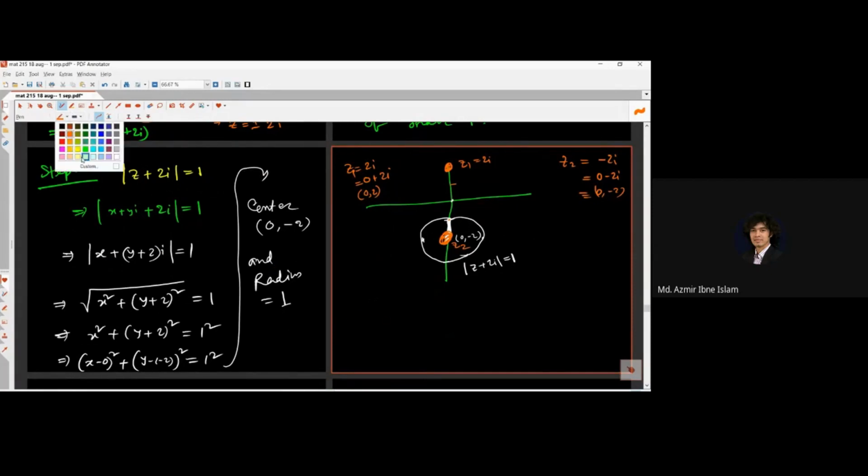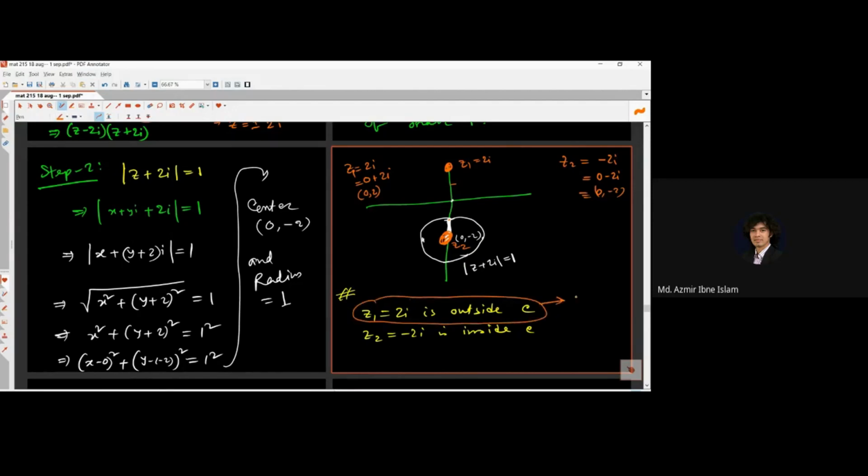So we can leave a comment again. Z1 equal to 2i is outside of C. Z2 equal to negative 2i is inside. So we don't need to find the residue for this one. Let's say R1 is ignored, it is 0.